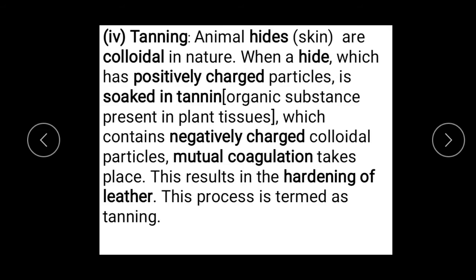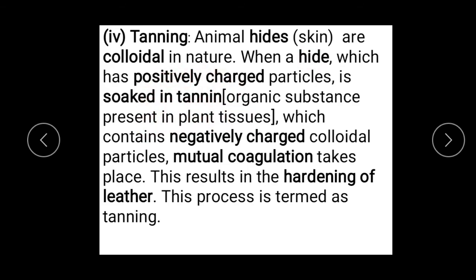Now next application is in tanning. You know, animal skin or hides are colloidal in nature. When a hide which is positively charged is soaked in tannin. Now tannin is an organic substance present in plant tissues.